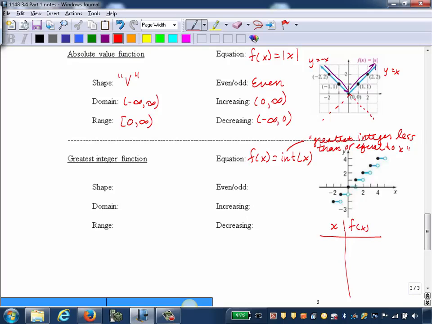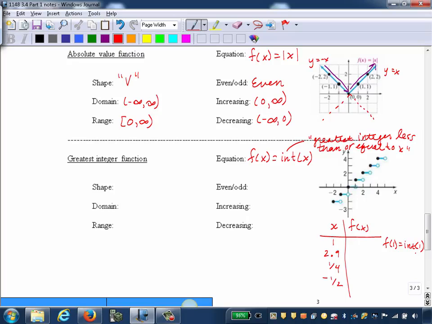So if I substitute in, these are just some examples of x values. If I try 1, 2.9, 1/4, and -1/2. So if I want to evaluate f of 1, f of 1 is going to be int 1.